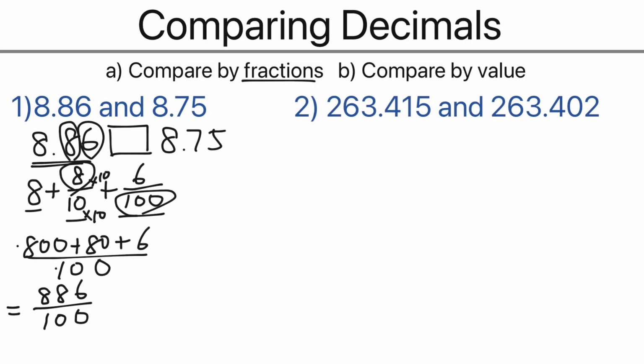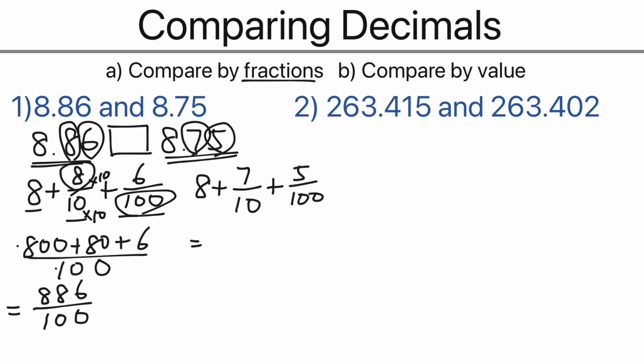Now we're going to do the same for the 8.75. And that would be 8 plus 7 over 10 for the 10th value. And then we have 5, which is 5 over 100. And now we're going to go ahead and change that with the same denominator here, 100.